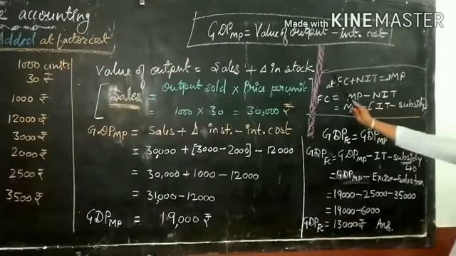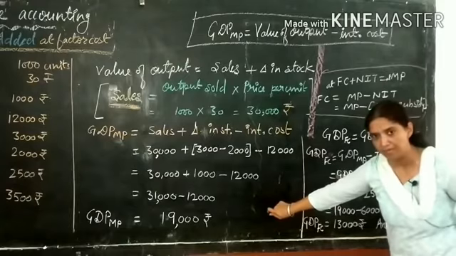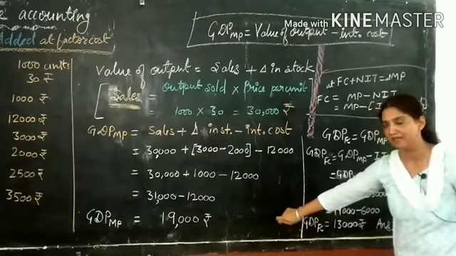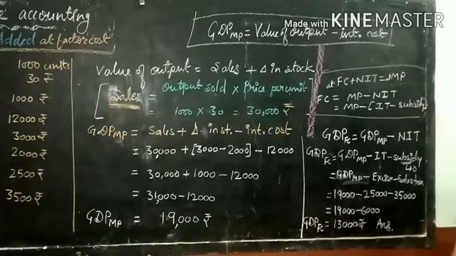By using the value added method, we have estimated GDP at MP, and the estimated value is 19,000 rupees. Now we have to convert GDP at MP to GDP at FC.